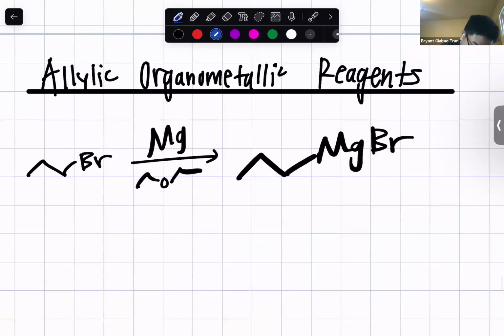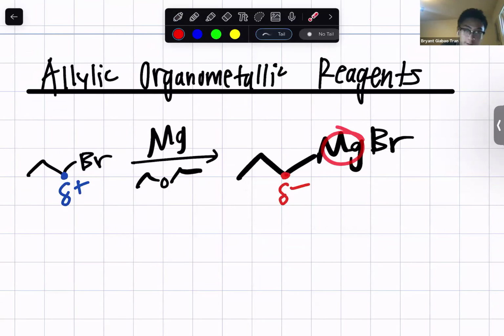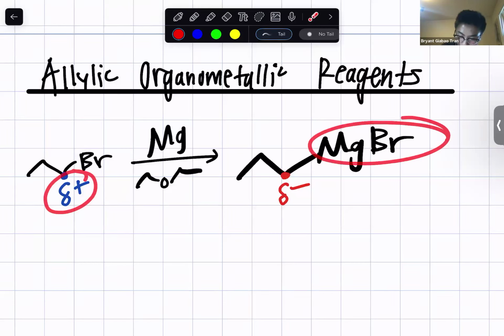Where before this carbon here was partially positive, but now this carbon right there is partially negative because the carbon attached to the Mg is negatively charged, making this the nucleophile carbon. Before it was the electrophile, but once we made it the Grignard reagent, it becomes the nucleophile.